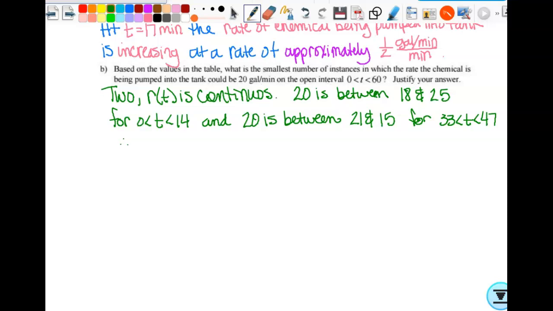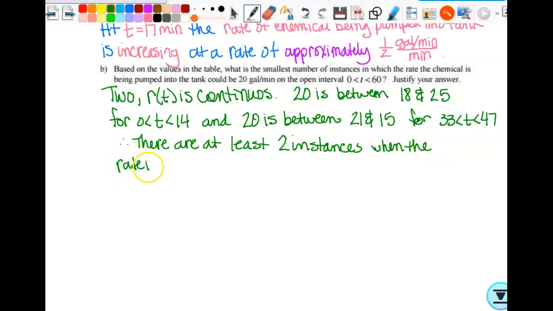So we could say all this and then say therefore there are at least 2 instances when the rate is 20 gallons per minute on 0 to 60 by IVT.